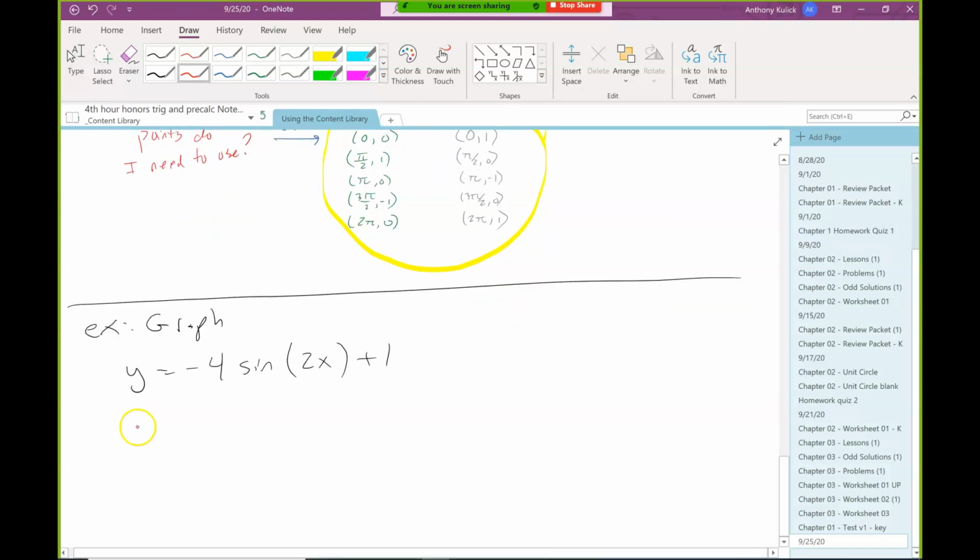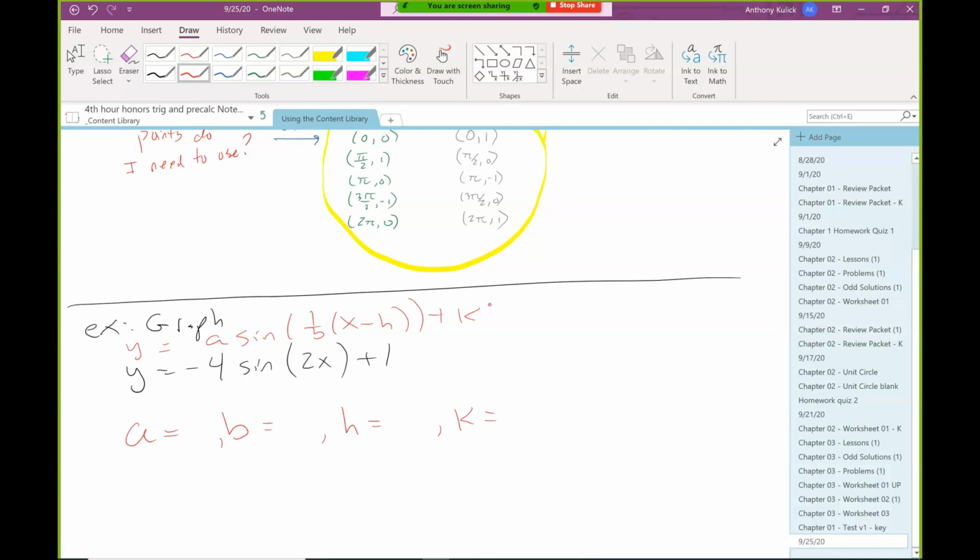The first thing I'm going to do is identify the values for a, b, h, and k. To do that, I'm looking at this general form for a transformation.